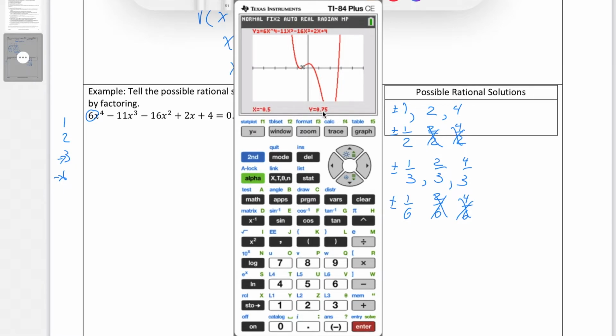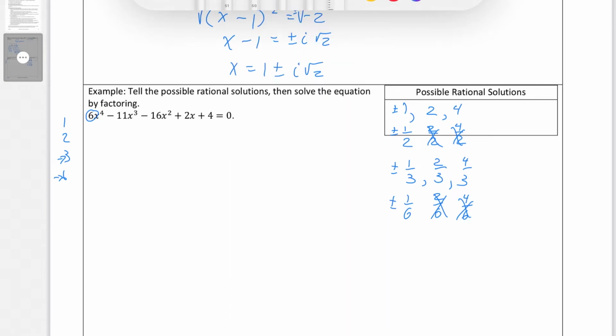It didn't equal 0. Well, there's another number, negative 2/3. So let's try negative 2/3 and see what happens. Look, that's a solution number. So I'm going to go back to my work and tell myself right now that x equals negative 2/3 is one of my solution numbers.